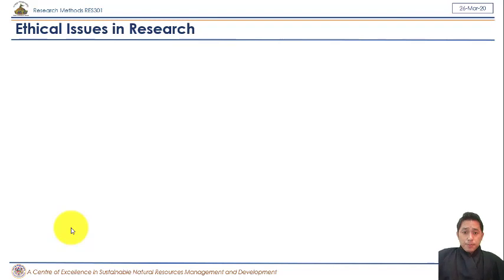And now let us look at some of the ethical issues that are there in research. And again, through different literature and materials, both in hard and soft copies, I found out that ethics in research are at three levels.